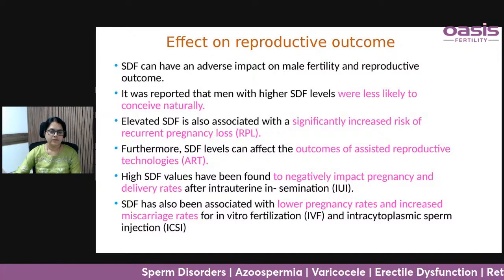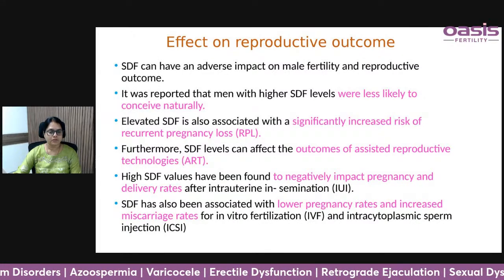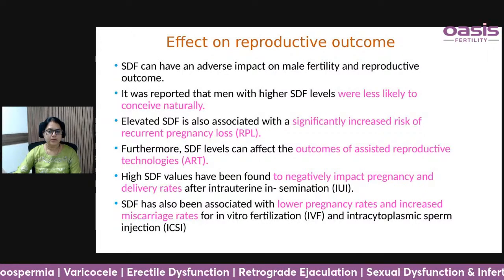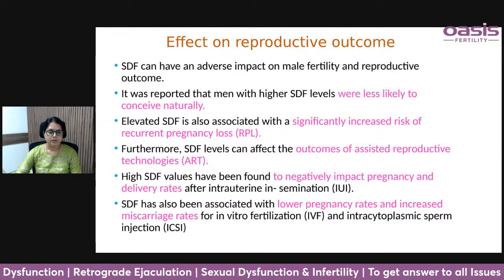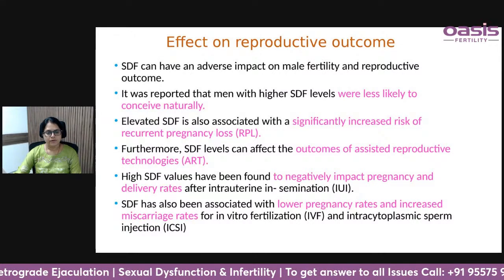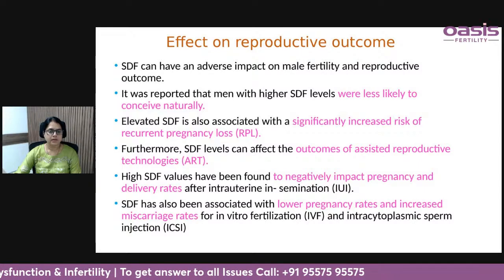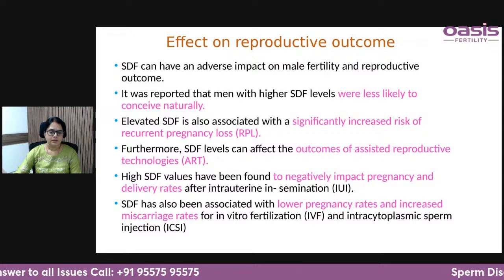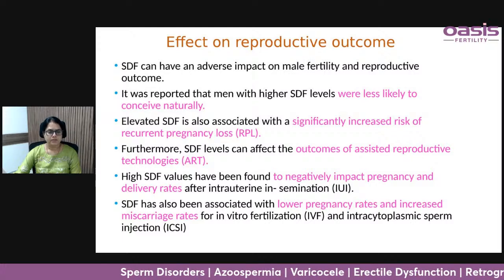And SDF levels can affect the outcome of assisted reproductive technologies, ARTs, like IVF cases and IUI cases. High SDF values have been found to negatively impact the pregnancy and delivery rates after IUI, and are associated with lower pregnancy rates and increased miscarriage rates in IVF and ICSI.